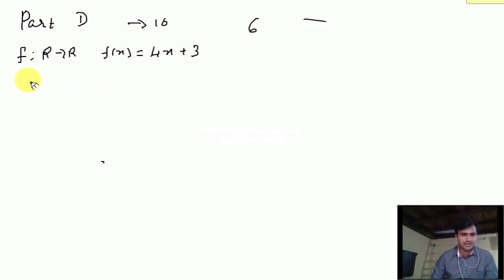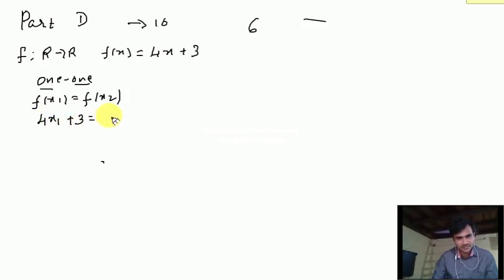This problem can be very easily proved. This is a 5 marks problem. You need to prove this function is one-one. To prove one-one, f of x1 equals f of x2 should imply x1 equals x2. Here f of x1 is 4x1 plus 3 equals 4x2 plus 3.